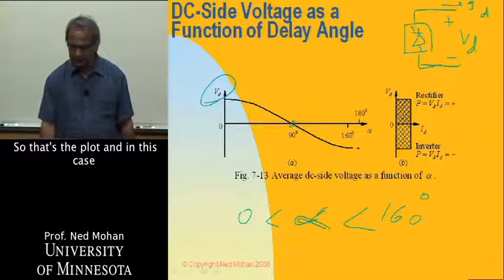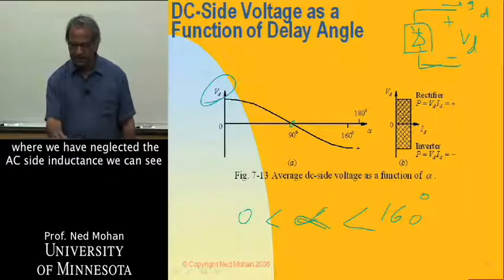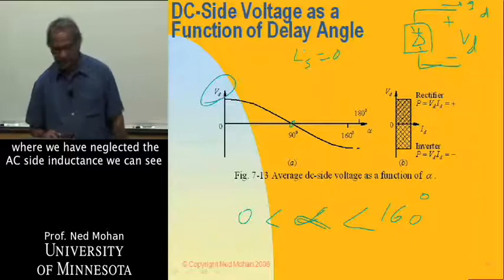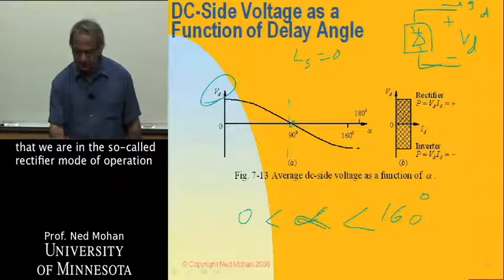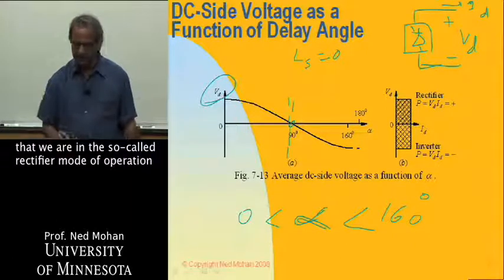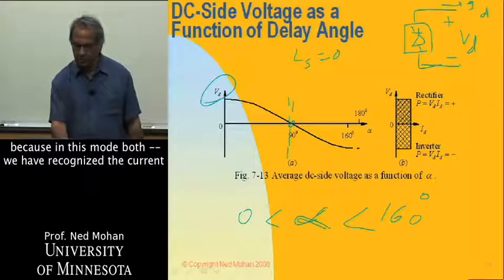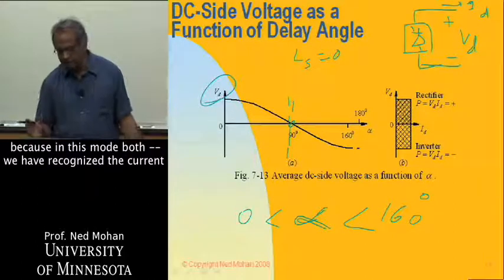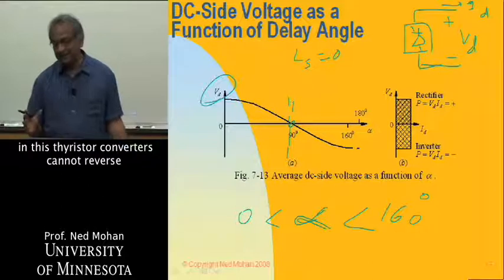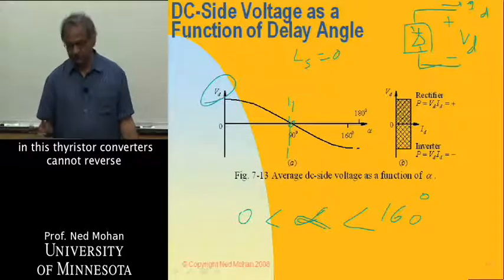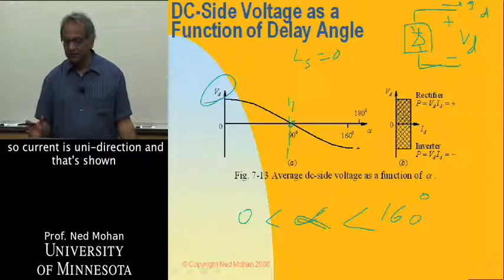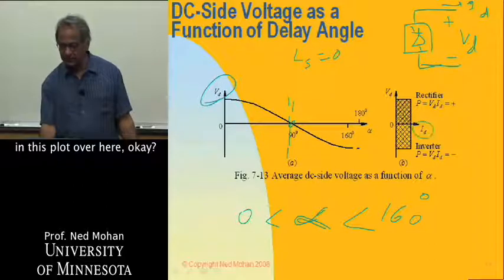So that's the plot. And in this case where we have neglected the AC side inductance, we can see that we are in the so-called rectifier mode of operation, because we have to recognize that the current in these thyristor converters cannot reverse. So the current is unidirectional, and that's shown in this plot over here.